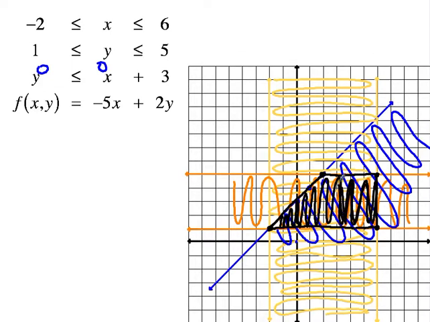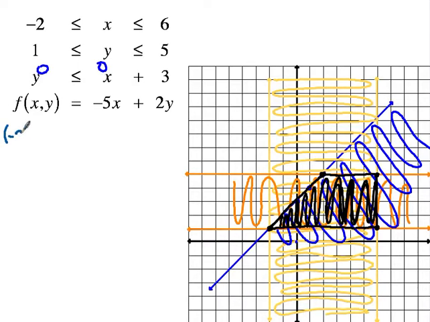So the next step is to go ahead and find those specific points. Hard to see. So what's the first one? 1, negative 2, 1.